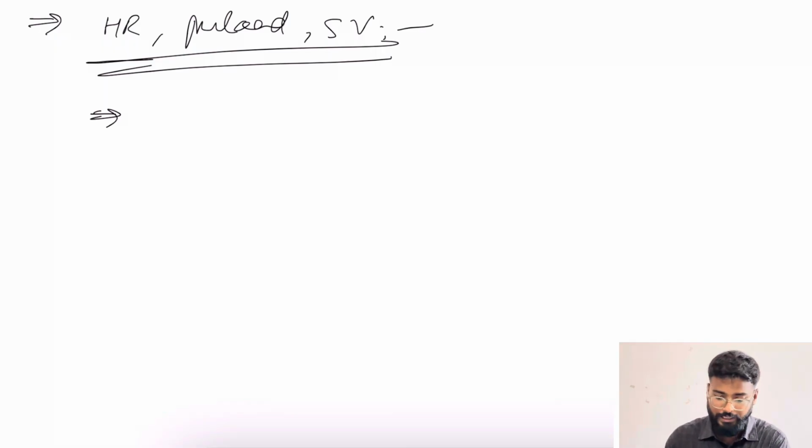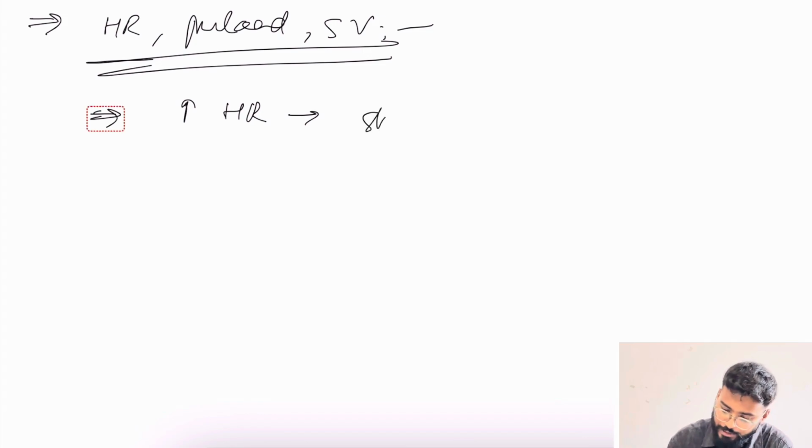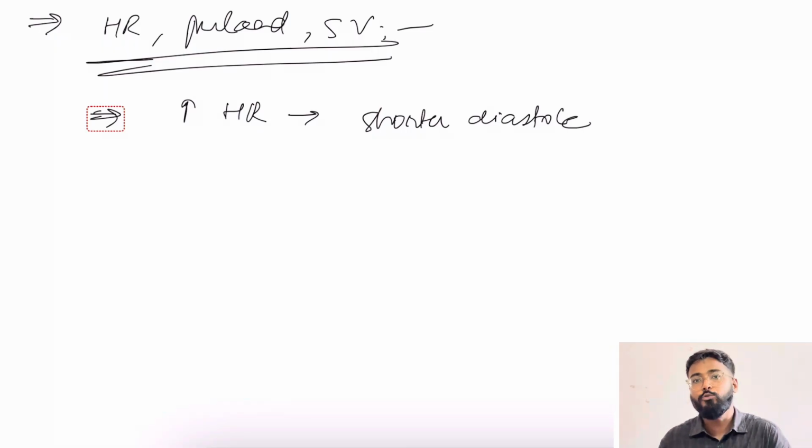So whenever there is an increase in the heart rate, that means shorter diastole. It's obvious, because how are you going to decrease your systole? If you decrease the systole, there will be decreased stroke volume, like there will be a decreased amount of blood that is going to be ejected from the left ventricle.